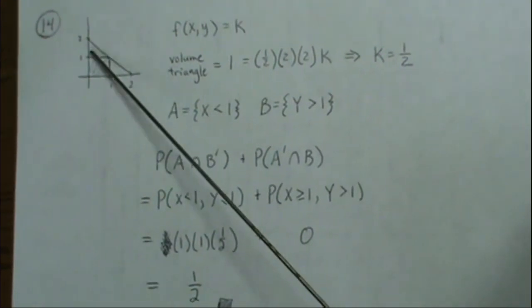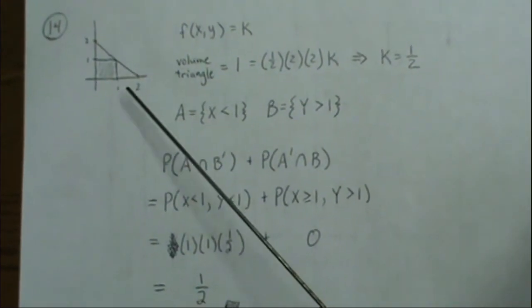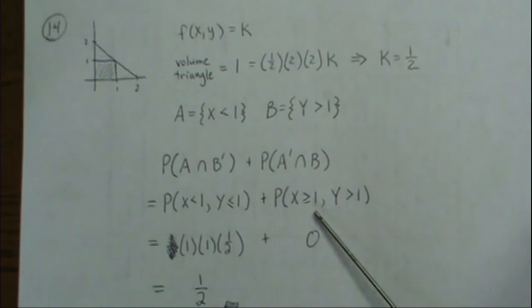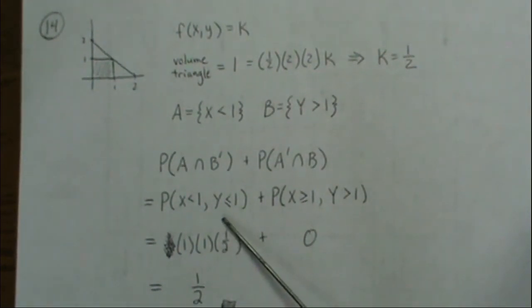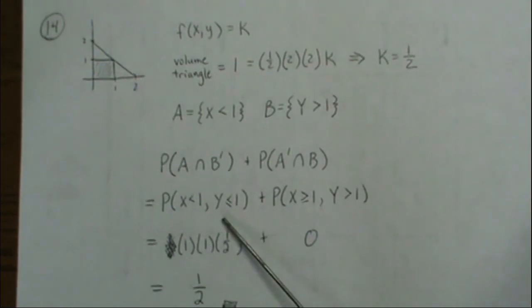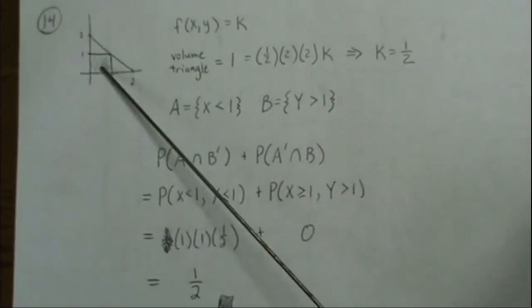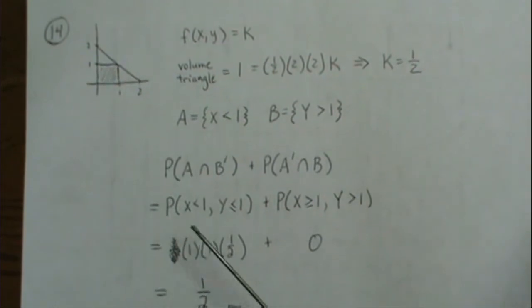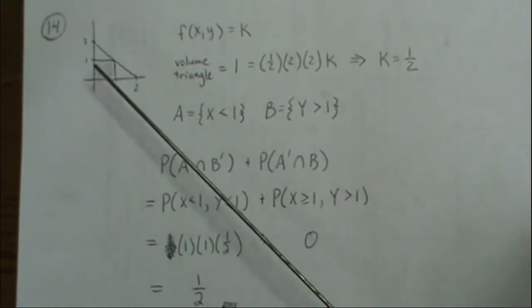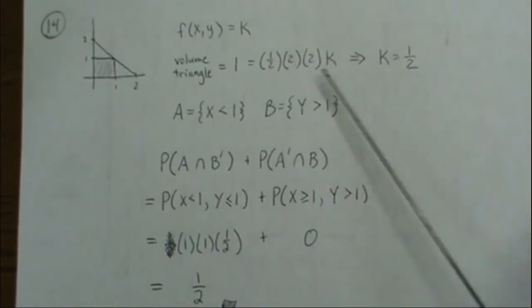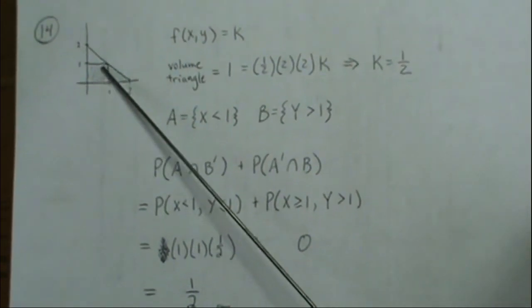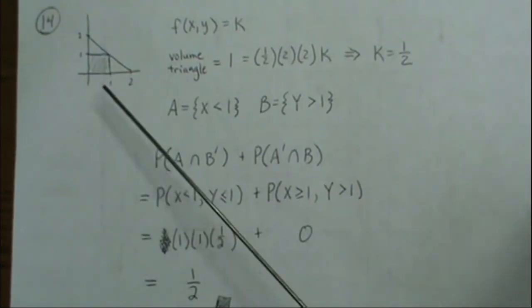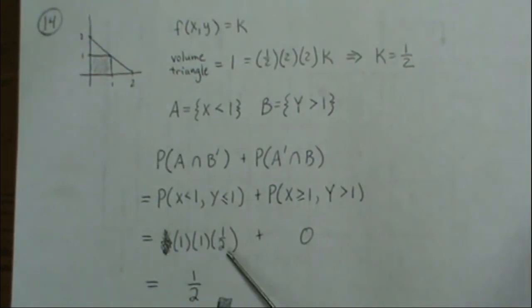Well, we can't be in both at the same time, so this is 0. Well, here is the area of a square, and we know the height of the joint is 1/2. So the area of this region times the height, or the volume, is going to be 1 times 1 times 1/2. So the answer is 1/2.